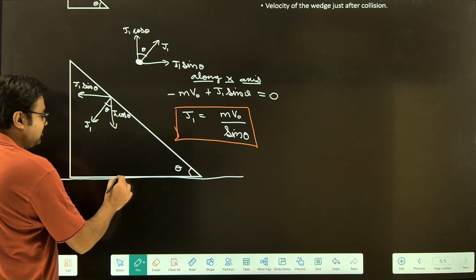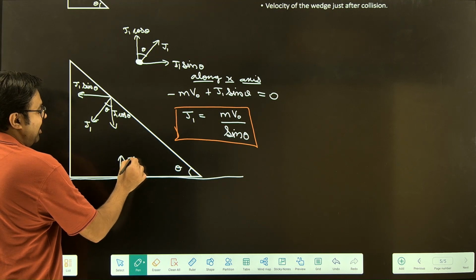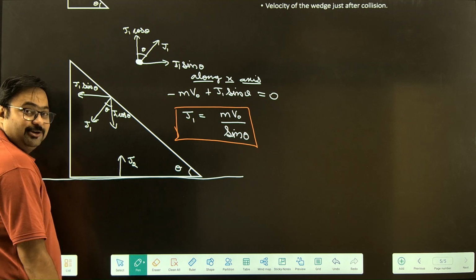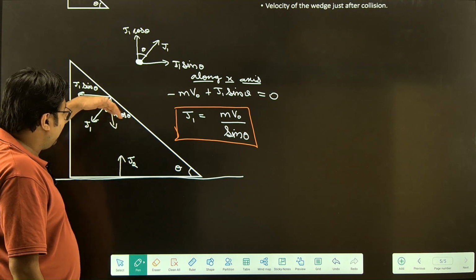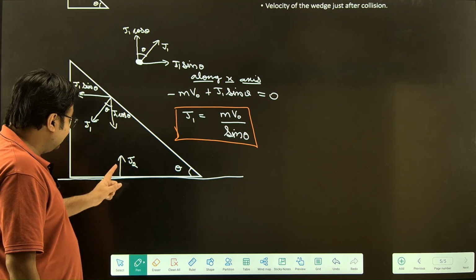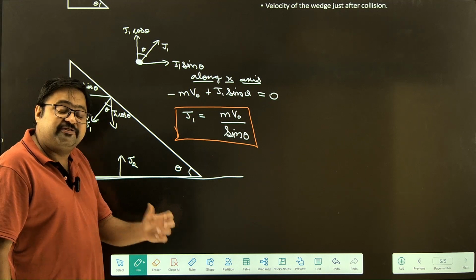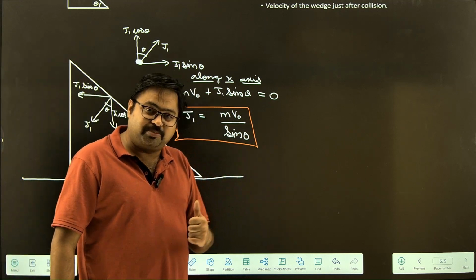So the floor gives an exactly equal normal reaction. Let me call that J2 in that direction to stop the wedge from going down. So this normal reaction that the wedge receives is also impulsive.